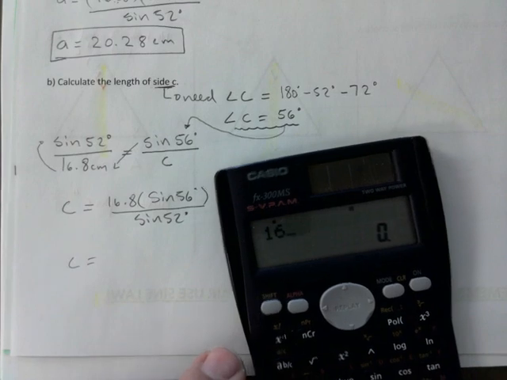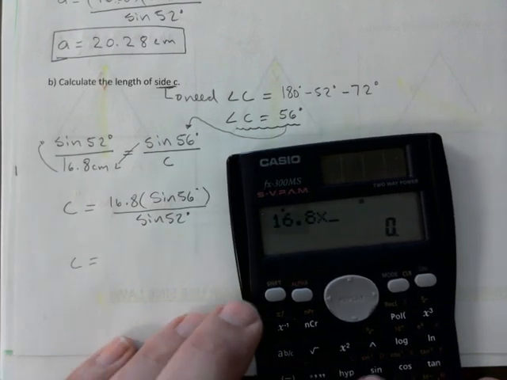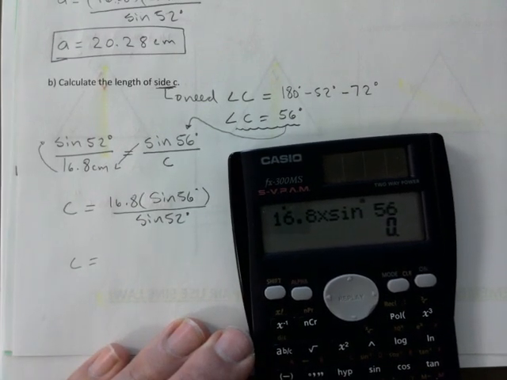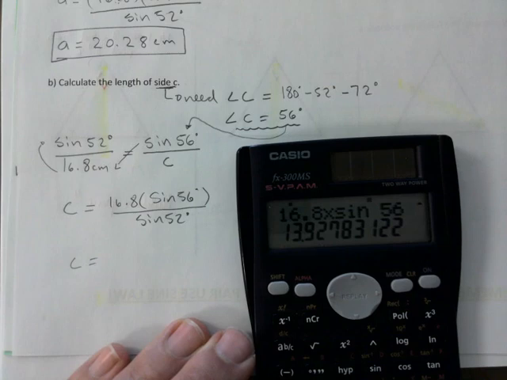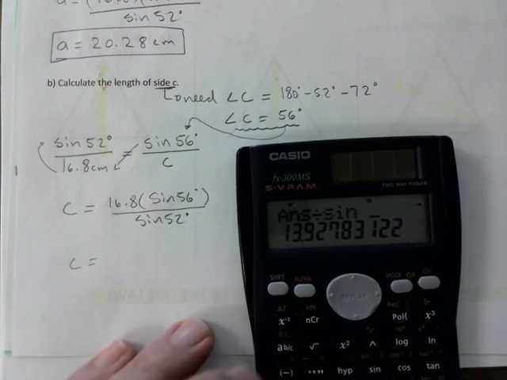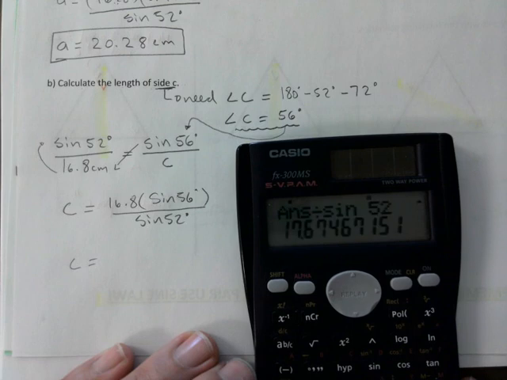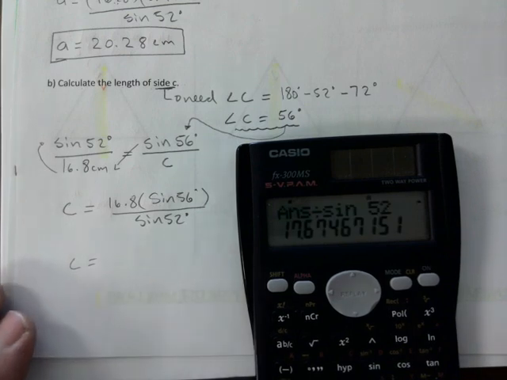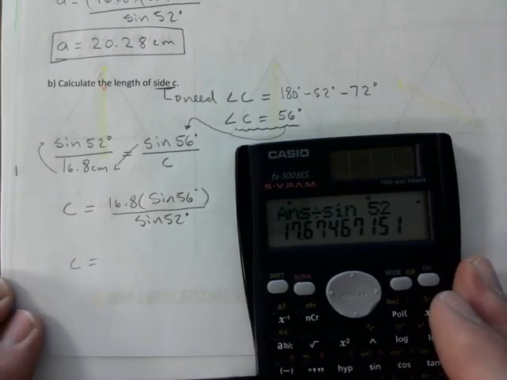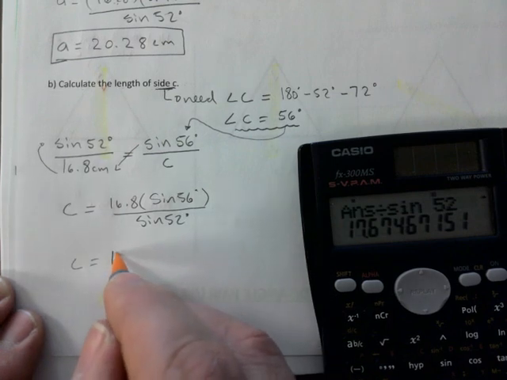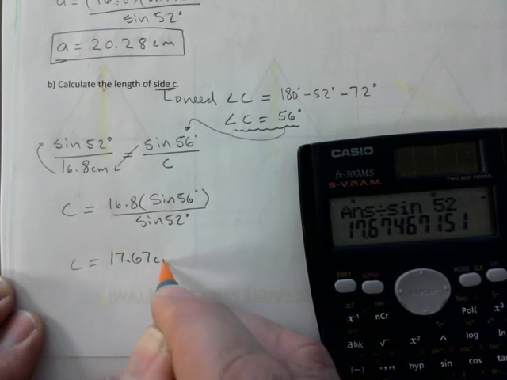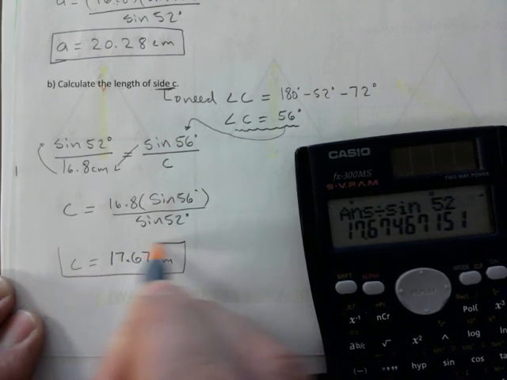Hopefully you get to use this correctly. So I multiply, then I divide, and that's 17.67. 17.67 centimeters. Boom.